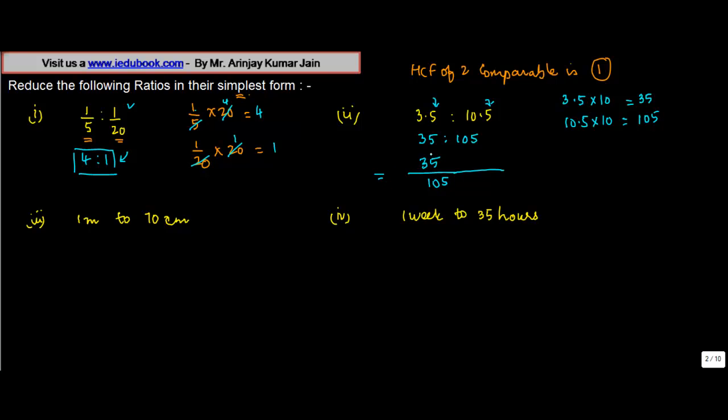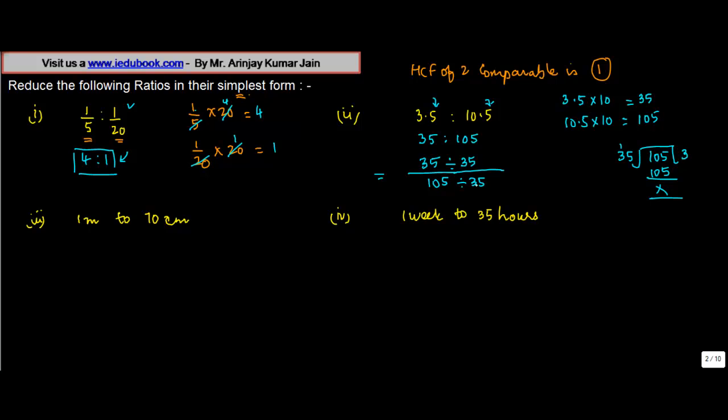Now, if you divide 105 by 35, actually you will get 3. 105 divided by 35, 35 into 3, 3 times 5 gives you 15, so 5, 1 carry, 3 times 3 gives you 9 plus 1, 10. Right? So can we just divide both these numbers by 35? 35 happens to be the HCF of these two numbers.